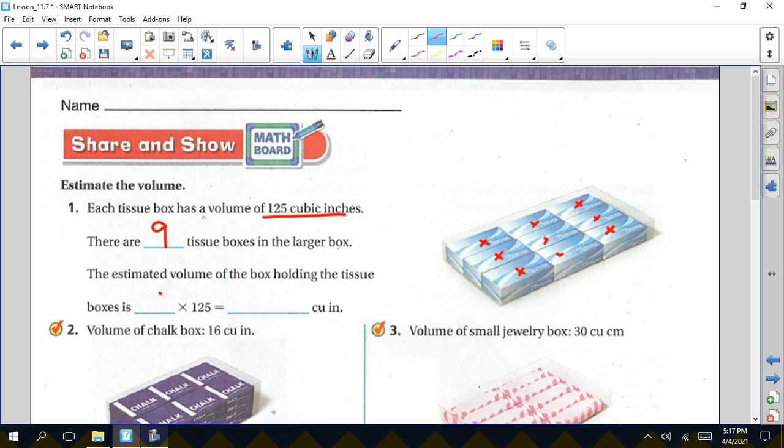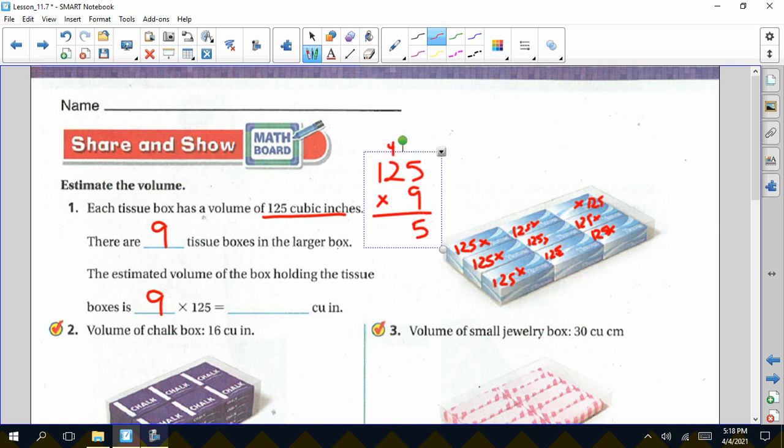So we take those 9 boxes, because each one is 125. That's the idea behind it: each box would be 125, so we multiply it by 9 boxes. 125 times 9 is 1,125.